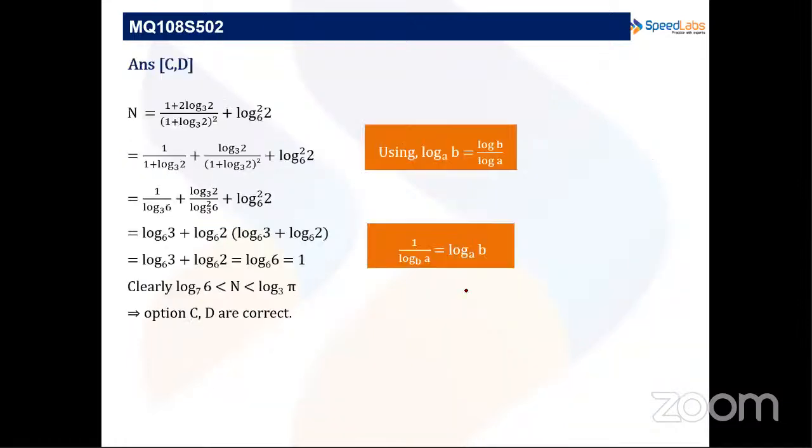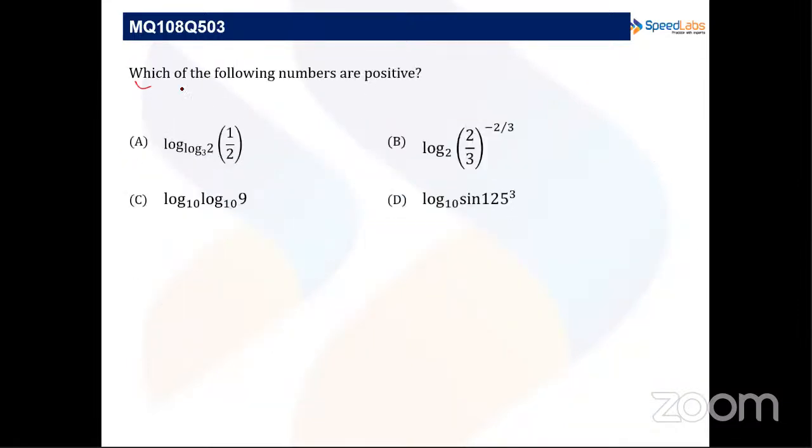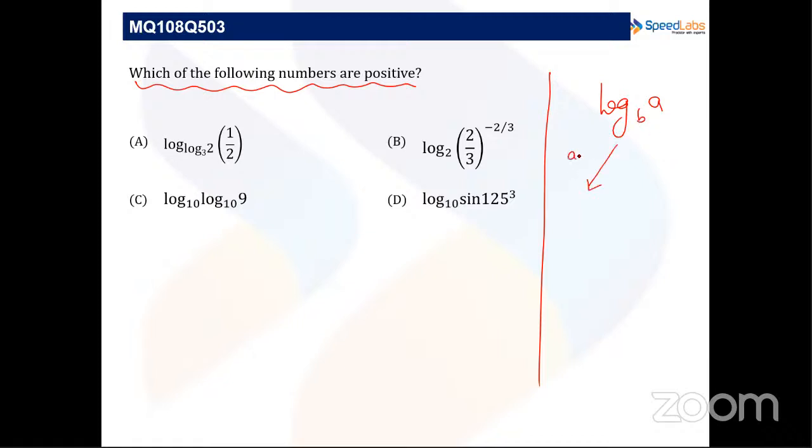Moving to the next question. Which of the following numbers are positive? So for the first one, if we are having the value of log a to the base b, then always check: if b is greater than 0 and less than 1 and a is greater than 1, then this value will be negative.